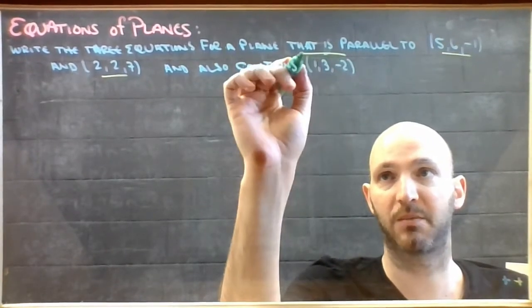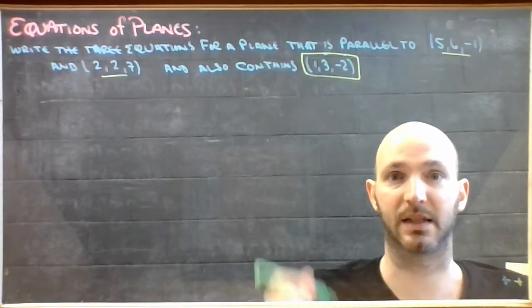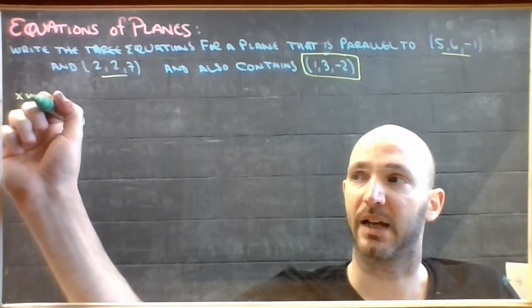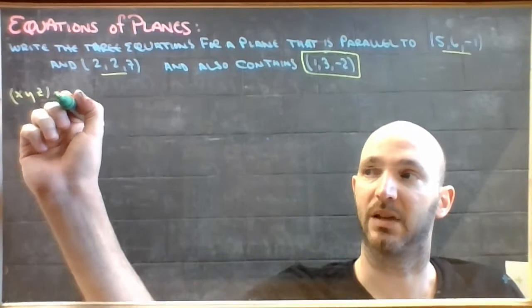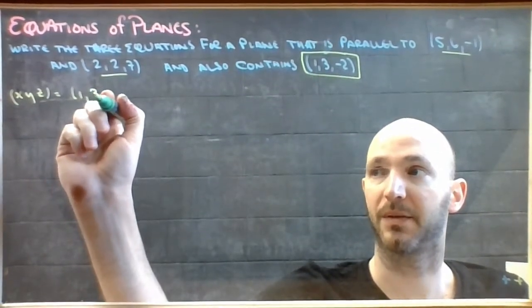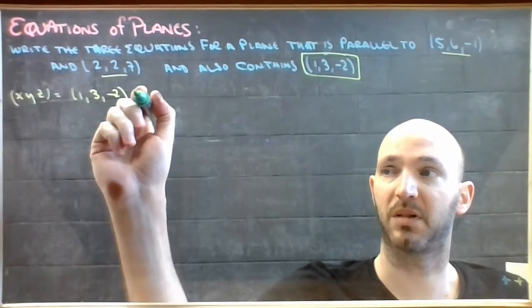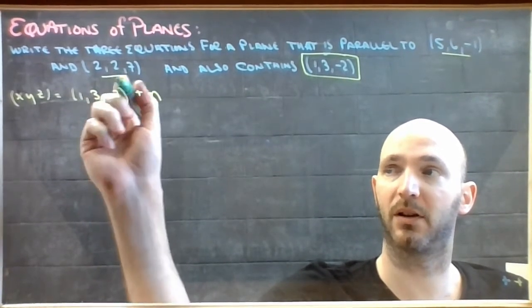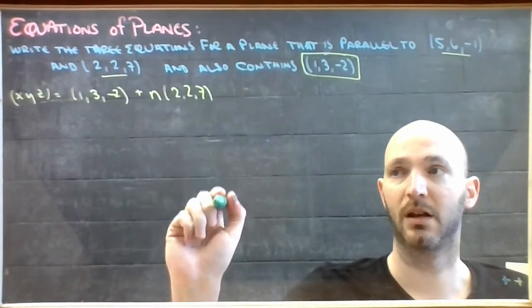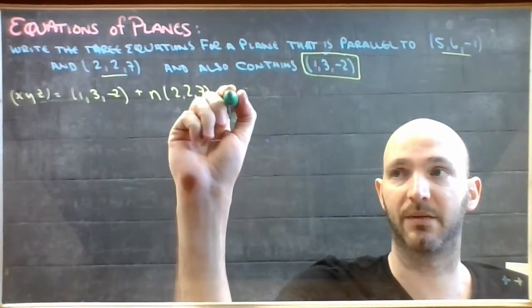And then this is the point that it must contain. So my vector equation would just be x, y, z equals the place where I start from, 1, 3, -2, plus some number of jumps along this vector, and then some number of jumps along that vector.